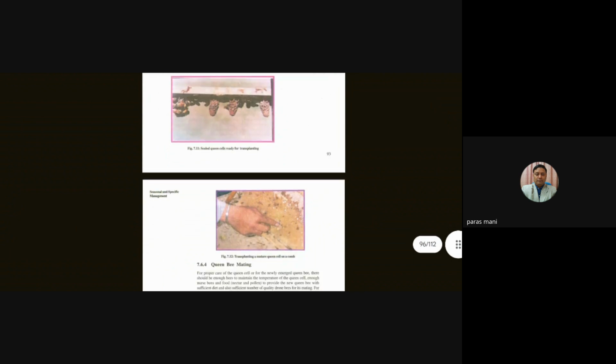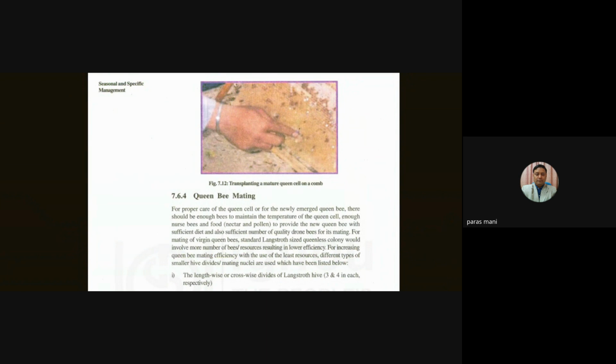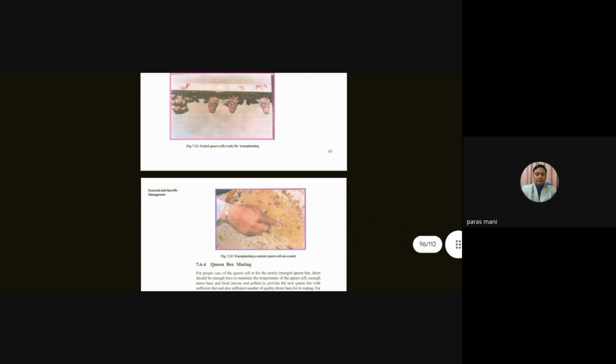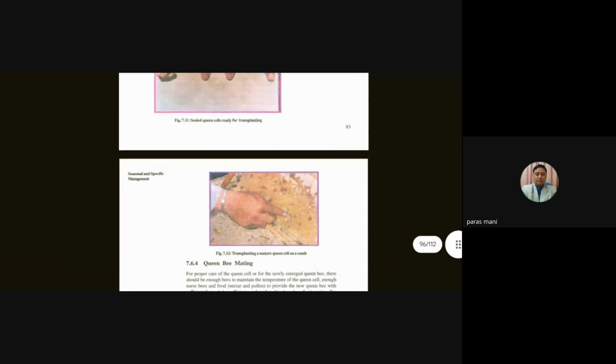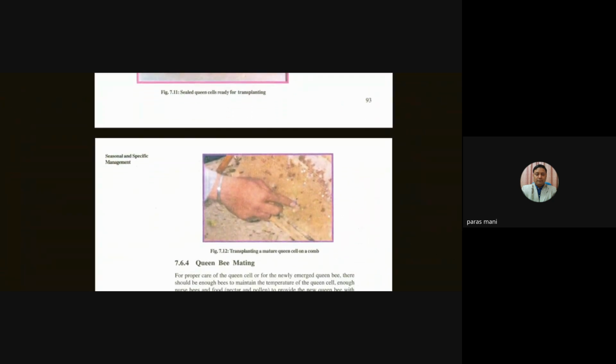How it is to be done, and where you have to place those things. All these have been given here. Again, apart from these queen cells, means queen bees, we have raised artificially, naturally available queen bee cells may also be exploited for transplanting.